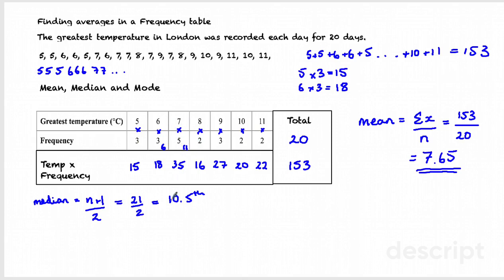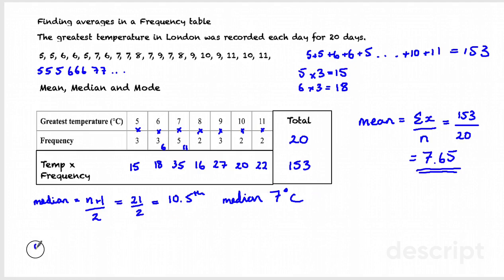So my 10.5th number must be in that part of my table. It's not the 5, that's a frequency, it's 7, the 7 degrees. So here the median is 7 degrees C. Now again, it's about the middle of my data. It's definitely the middle value in my data. It's very similar to my mean, so I feel confident it's about right.